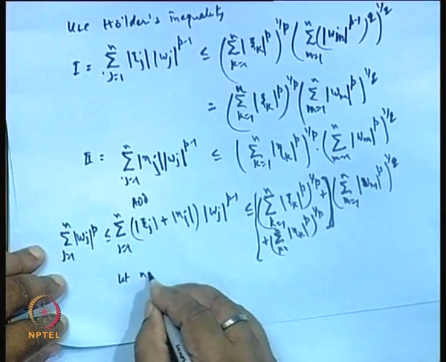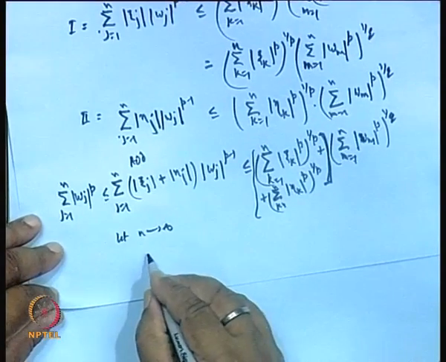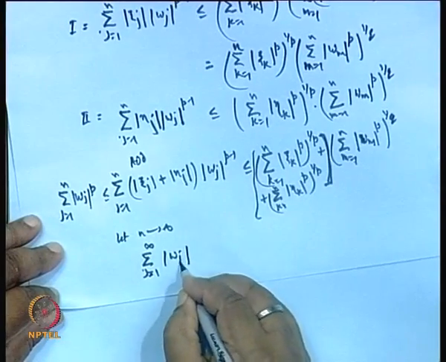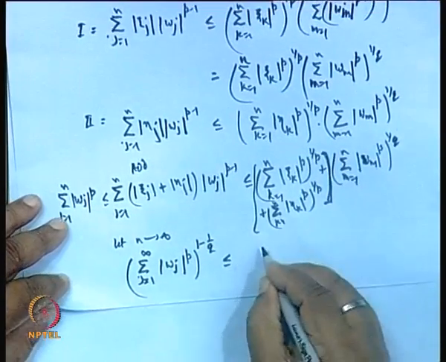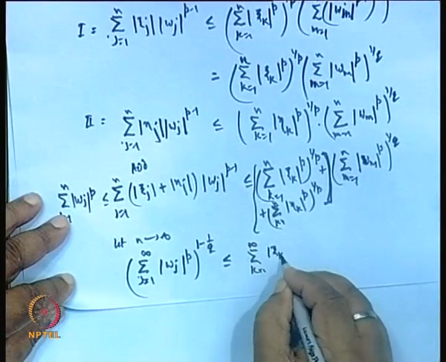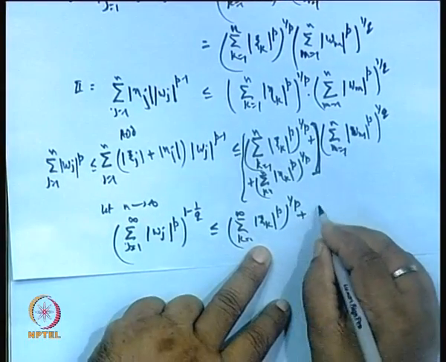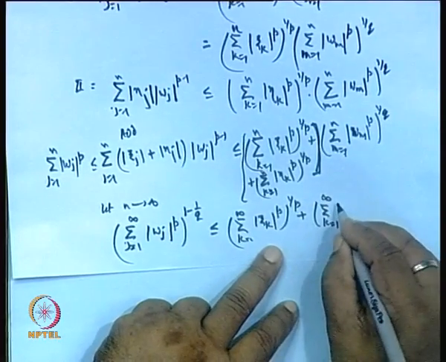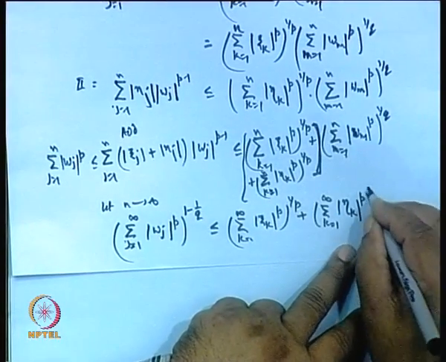When you take n tending to infinity, the summation will not differ, and we get sigma j is 1 to infinity mod of w j power p, and here when you divide, 1 minus 1 by q is less than or equal to sigma k is 1 to infinity mod xi k power p power 1 by p, plus sigma k is 1 to infinity mod of eta k power p power 1 by p.